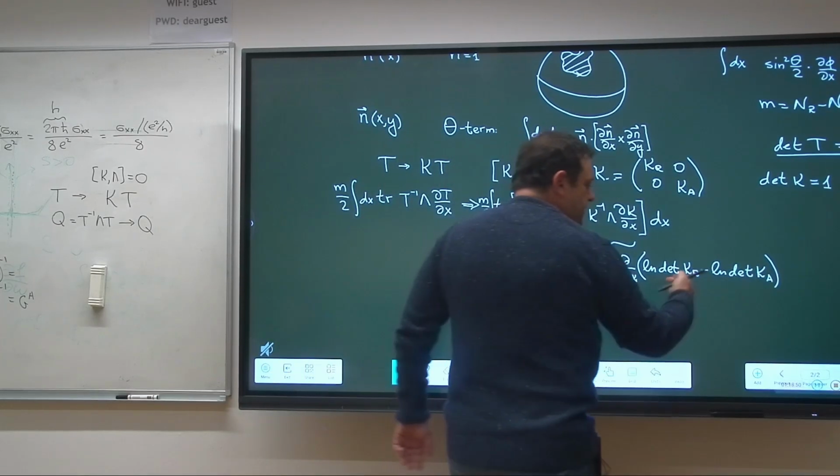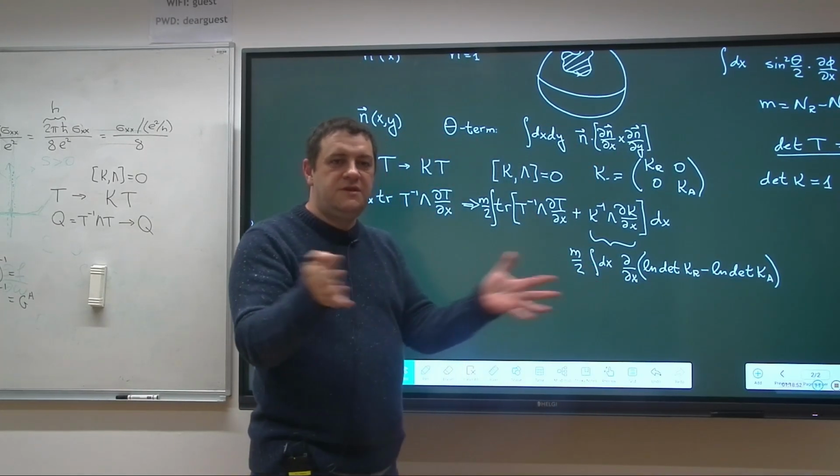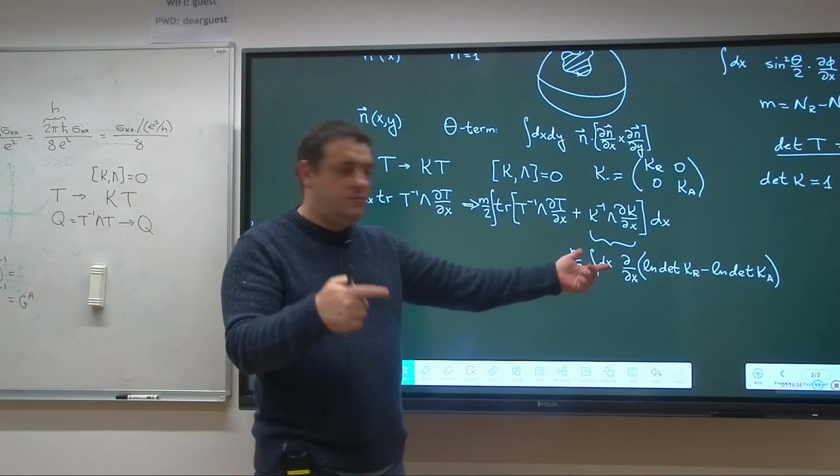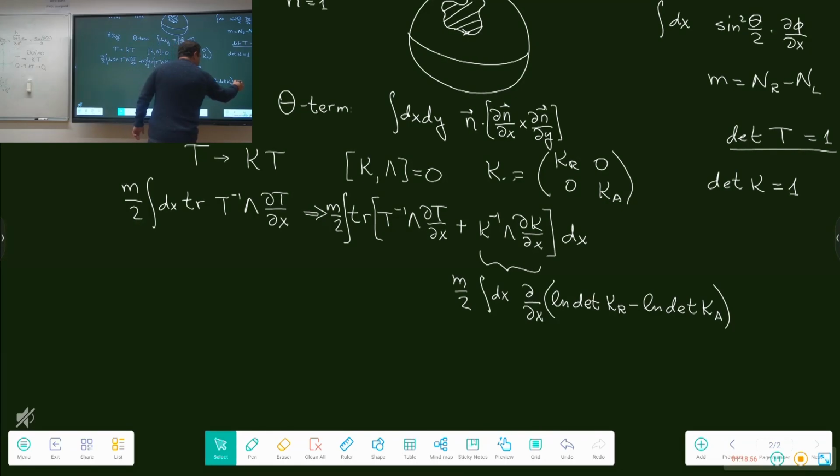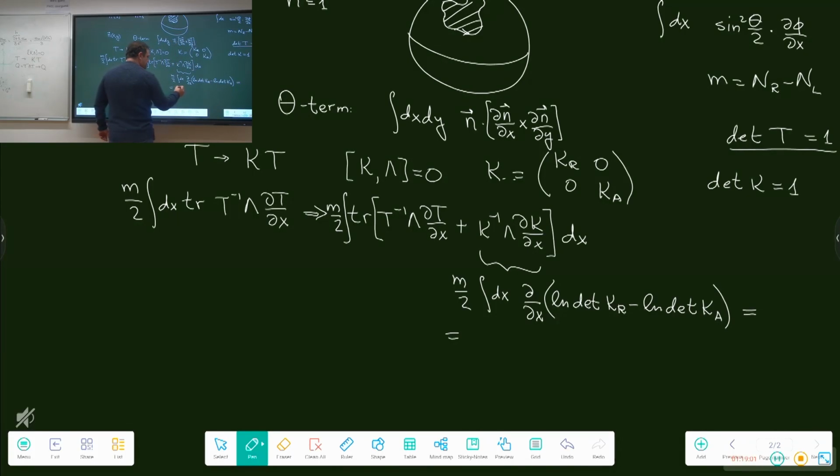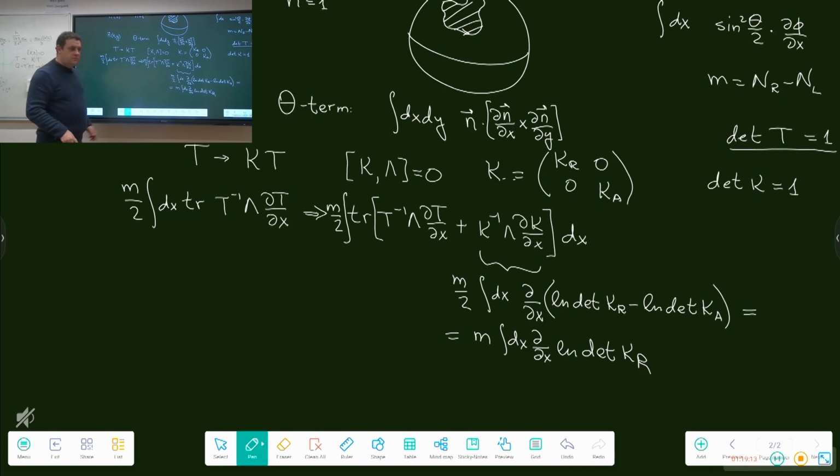So the sum of the logarithms of these two determinants is 0. I can as well write m times the integral of the derivative of the logarithm of a single determinant, only K retarded. That is the same, twice this logarithm.